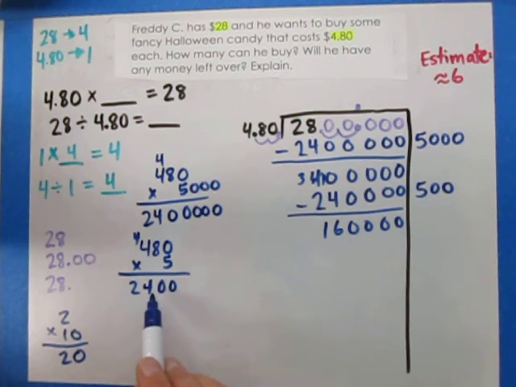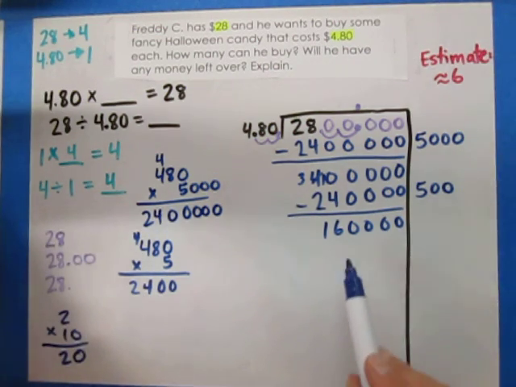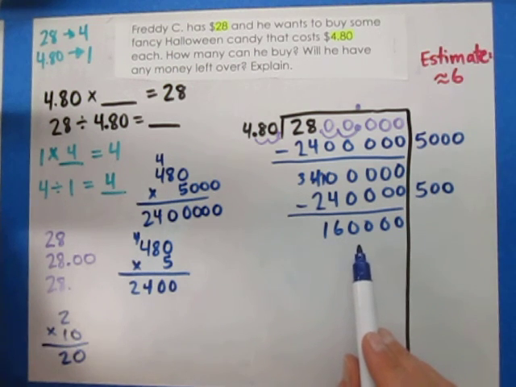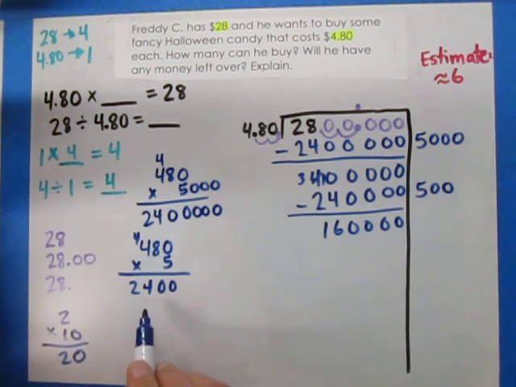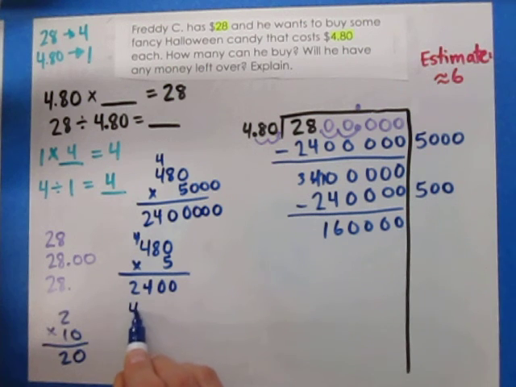I don't want to multiply by 5 this time, because then I'll have to start back here. So maybe if I multiply it by 3, it'd be better. Three times 4, 12.